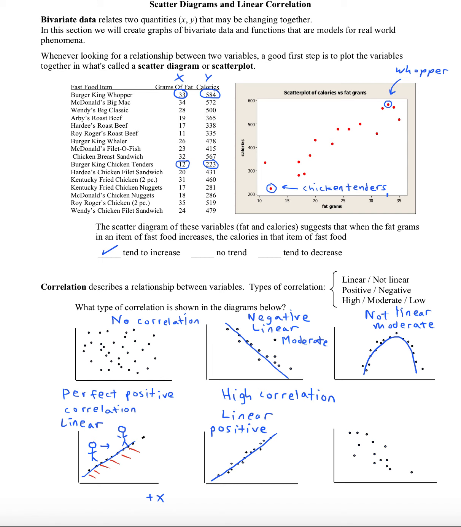The next data set is fairly spread out. However, it is conceivable that a line could be used as the best mathematical fit for this data. So I'm going to call it low correlation. And we would call this negative.